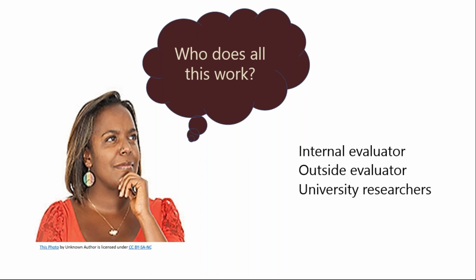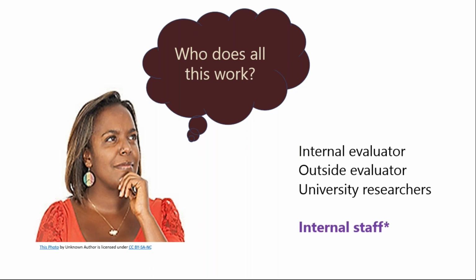University researchers are involved a lot, especially in the studies you'll read in visitor studies journals. This is often done through grants that the university applies for and partners with a museum or cultural organization, and they have the advantage of a lot of underpaid or not paid at all graduate students to help them do the study.